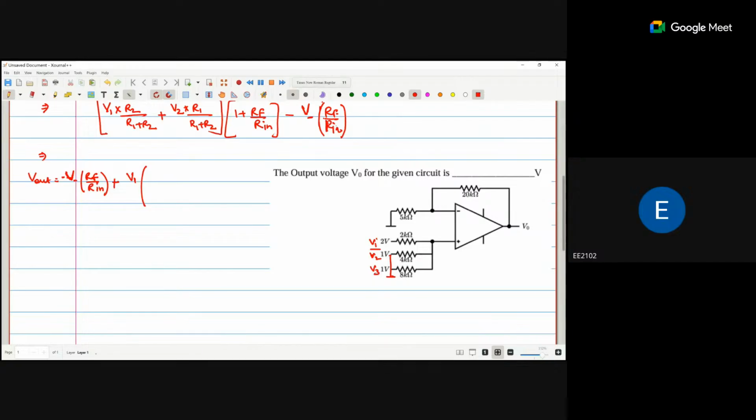So when we consider V1, the voltage drop across this combination is R2 parallel with R3 divided by R1 plus R2 parallel with R3.